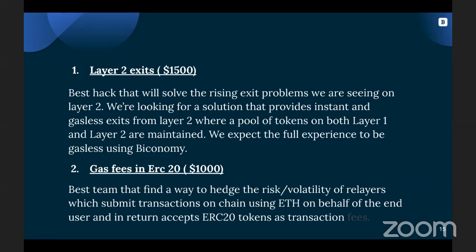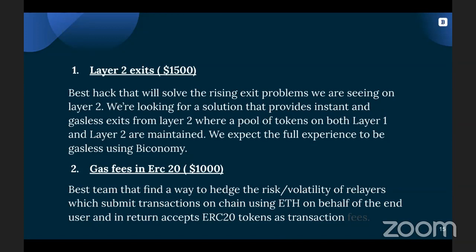So we have been seeing this problem recently with layer 2 getting traction, but this layer 2 exit problem is there, where you cannot quickly exit from layer 2 to layer 1. So what we want from the hackers in this hackathon is to come up with a solution that provides an instant layer 2 exit.